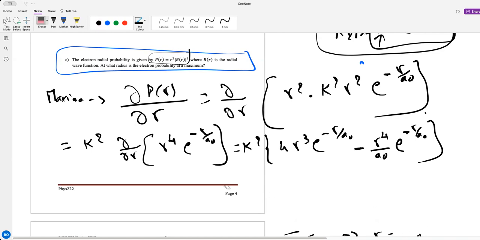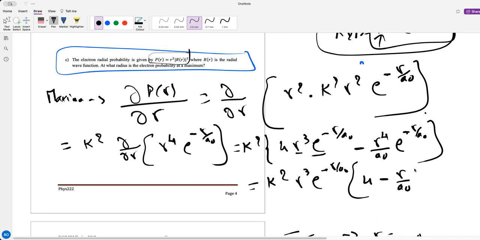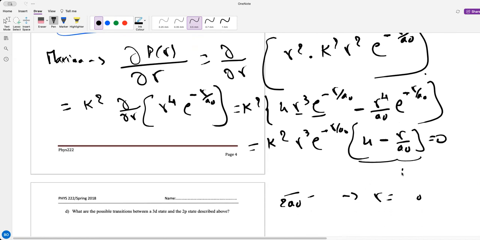And then you can see that I can put r cubed exponential minus r over a0 outside, and this gives me 4 minus r over a0 is equal to 0. If this is equal to 0, this means that this one is equal to 0.